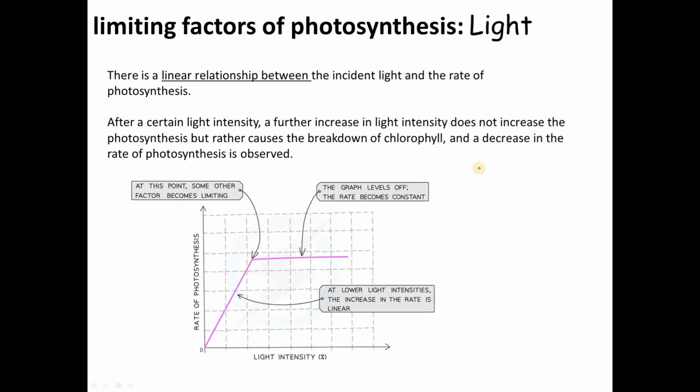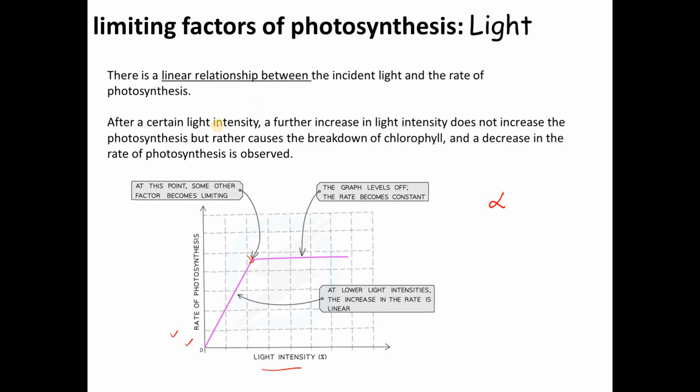Let's talk about the first limiting factor, light. As you can see in the graph, the rate of photosynthesis is directly proportional to the presence of light. But after this point, there is no change.